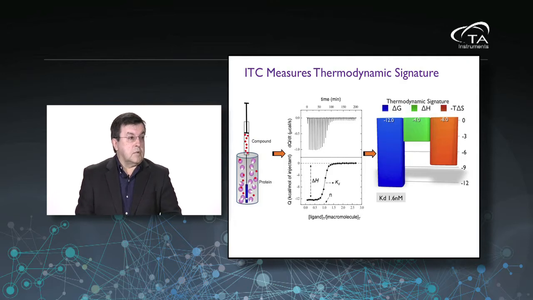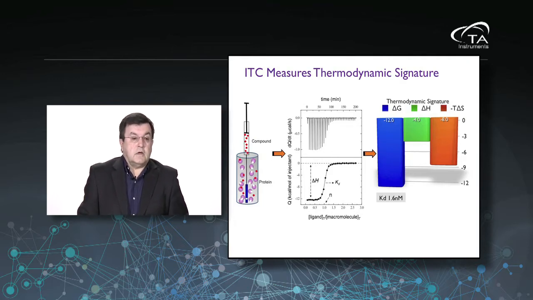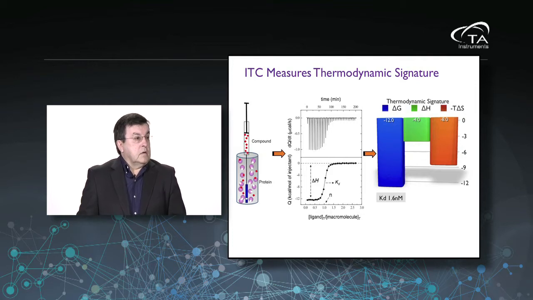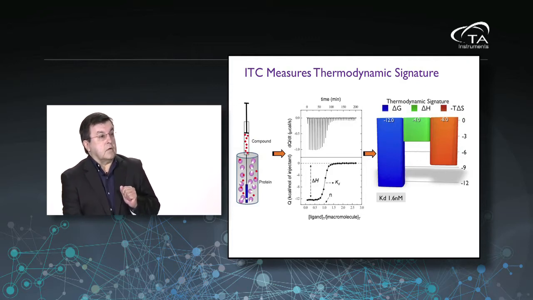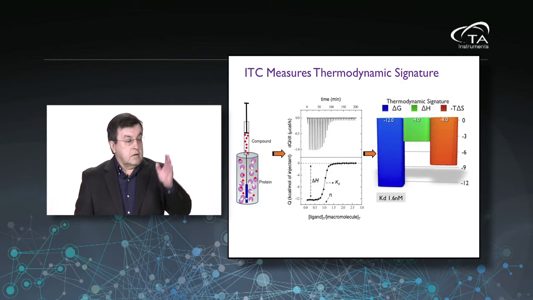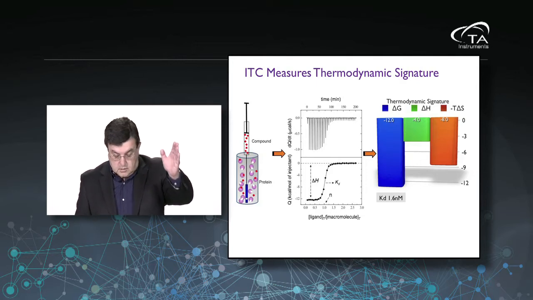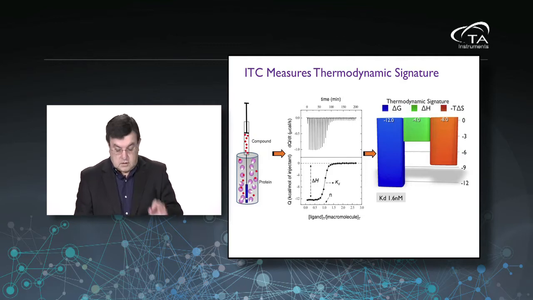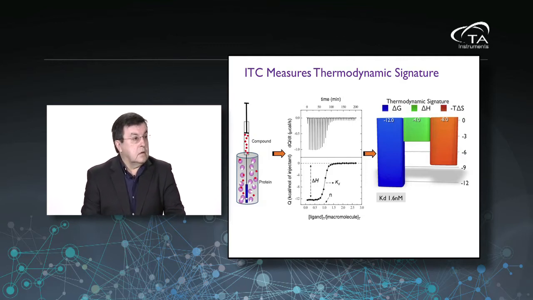And the uniqueness of ITC is that it measures binding in terms of the heat that is either absorbed or released during the process. And that allows us to calculate not only the binding affinity but, because the observable is heat, also the enthalpy. And by using the thermodynamic equation, calculating minus T delta S. So one experiment gives you delta G, delta H, and minus T delta S. That's unique, and ITC is the only technique that can do that.